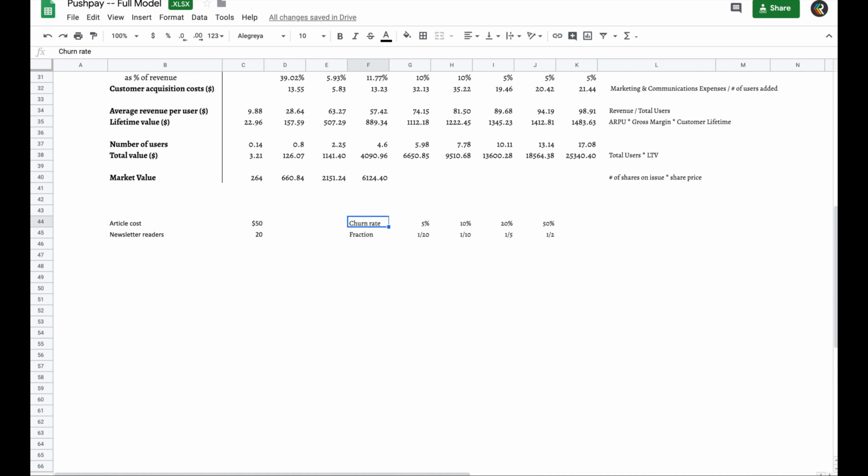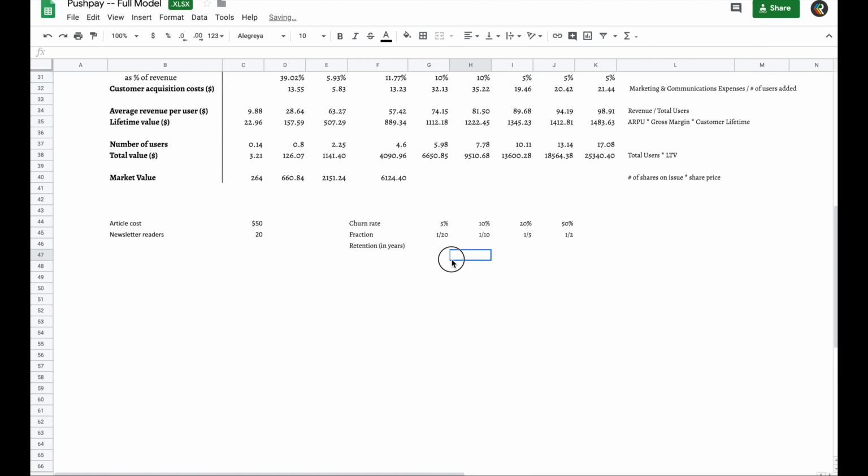So what we get here is a measure of the number of customers that are leaving us every year. But what we can do from here is say, okay, if that's our churn rate, we know how many people are leaving us. Let's talk about how many people are staying with us. We know that 5% of people leave us every year.